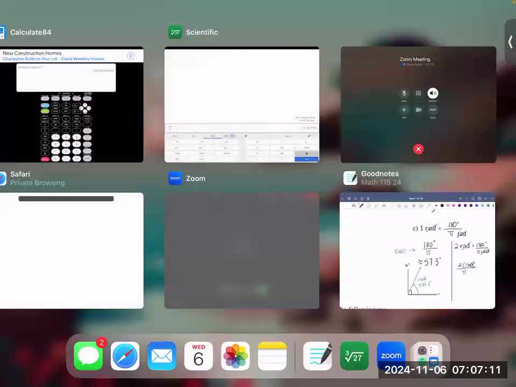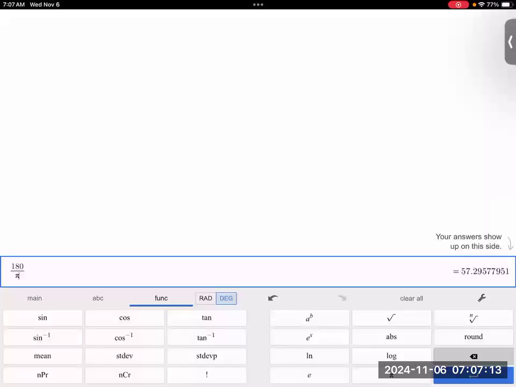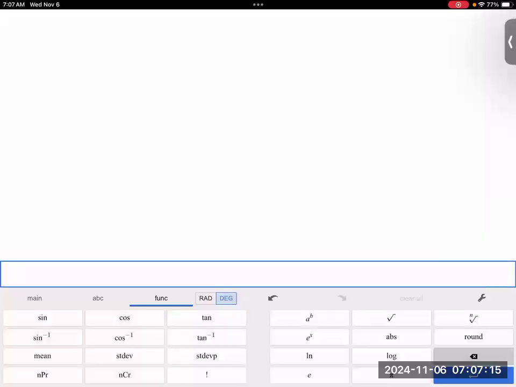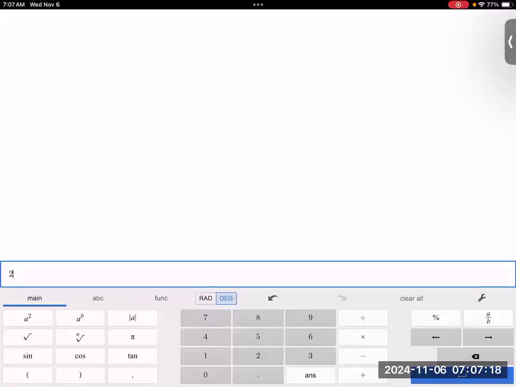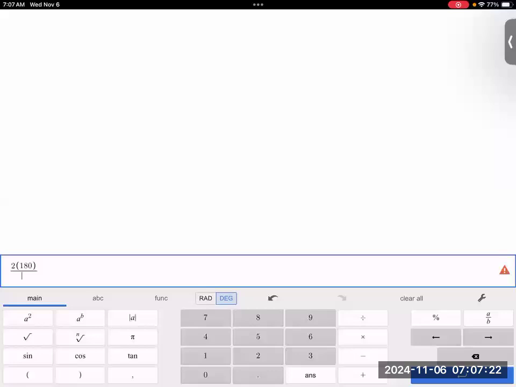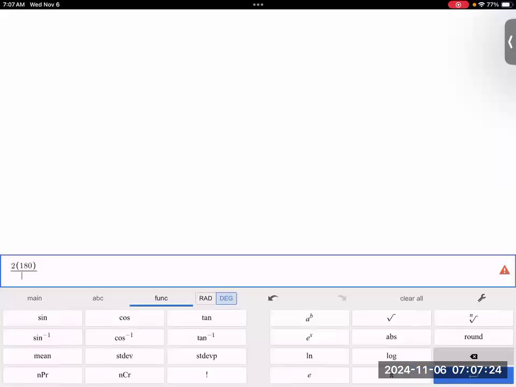So 2 times 180 is 360, divided by our pi. So 2 radians is 114.6 degrees.